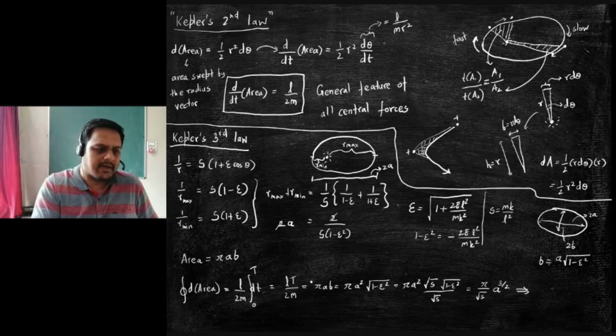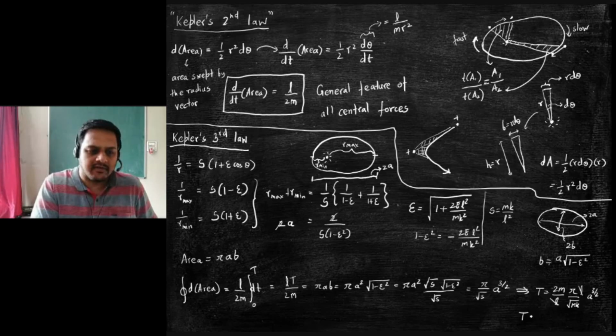And therefore, by equating LT by 2m with this, finally you get that the time period will be 2m by L into pi into 1 upon root s, which will be square root of mk and L in the numerator into a to the power 3 by 2. L goes away and you are left with 2 pi square root of m by k a to the power 3 by 2.